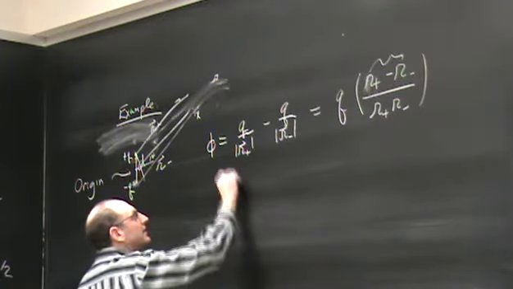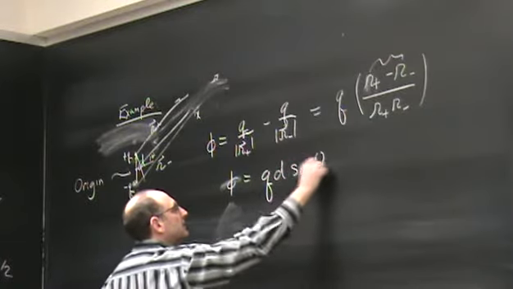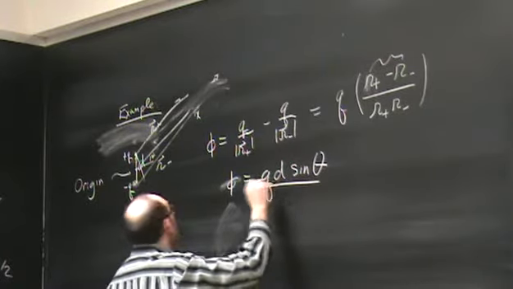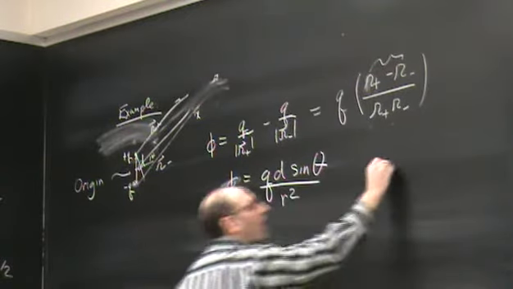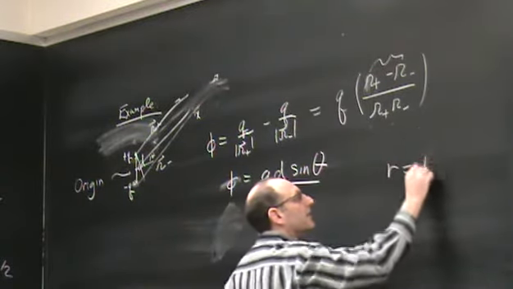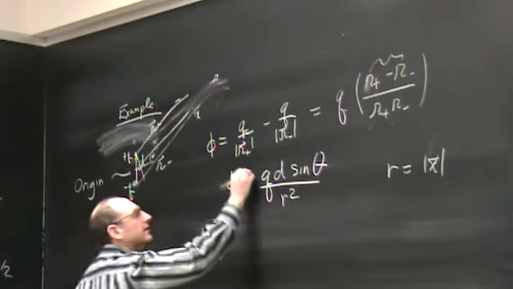So this is equal to q times d sine theta divided by r squared, since these are about the same, where r is approximately the distance of the point of observation.